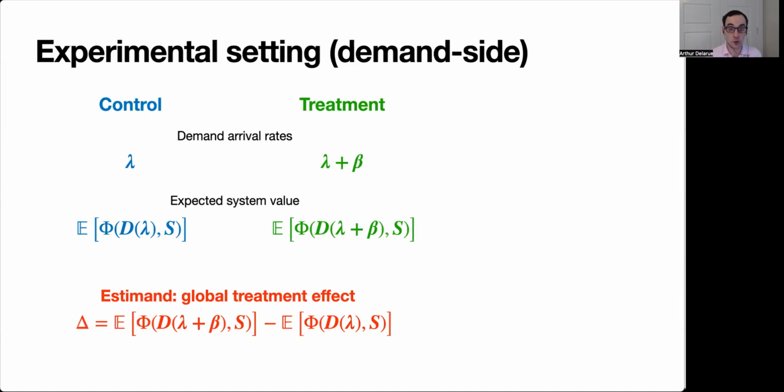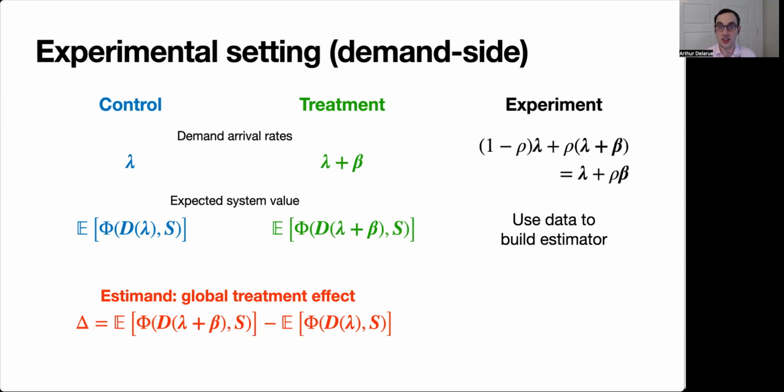Now, of course, we can't observe both of these states simultaneously. We can't duplicate the world. But what we can do is run an experiment. In the experiment, we split up units, with some in control and some in treatment.